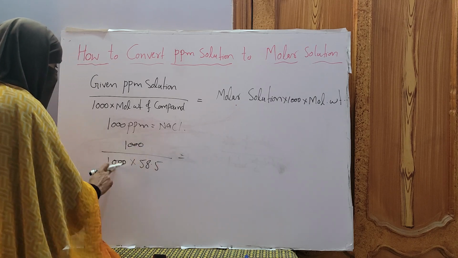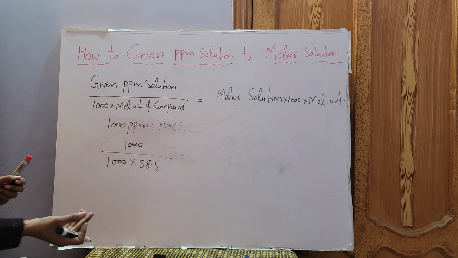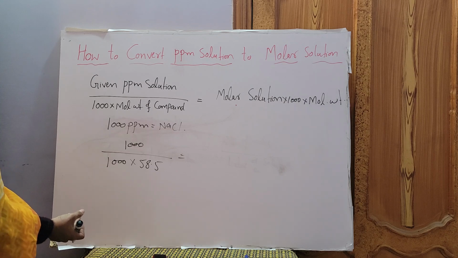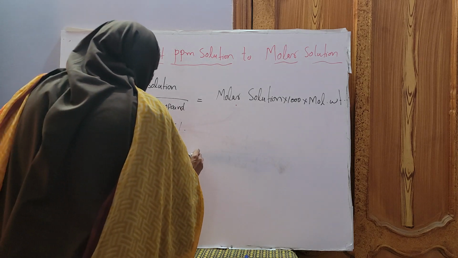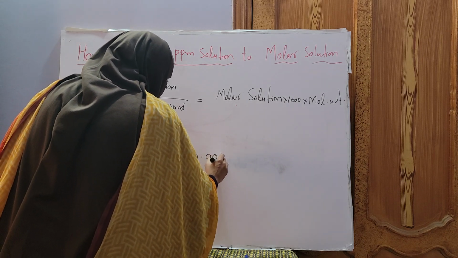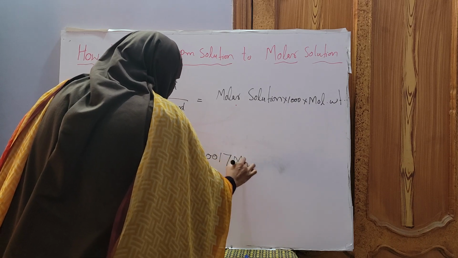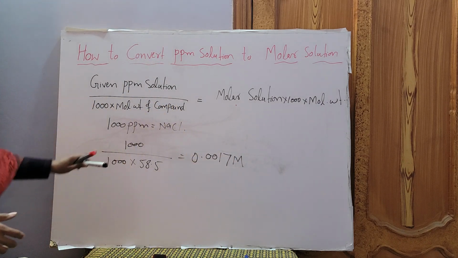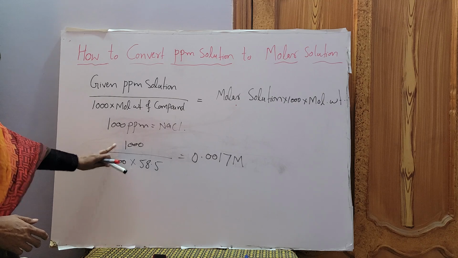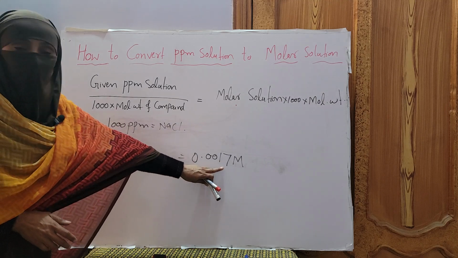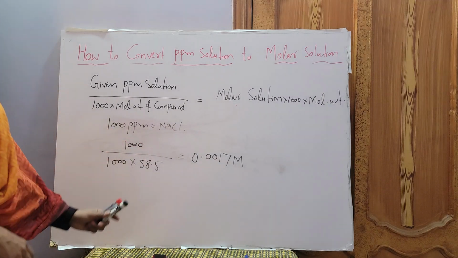By dividing 1000 by 1000, you get 1, and by dividing 1 by 58.5, you get approximately 0.0017 molar. So 1000 ppm NaCl is basically 0.001 molar sodium chloride solution.